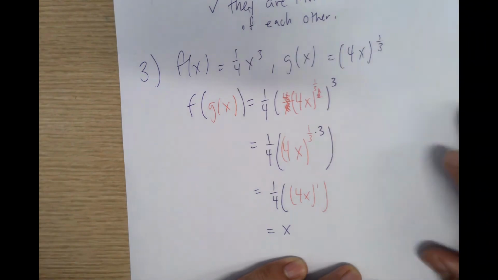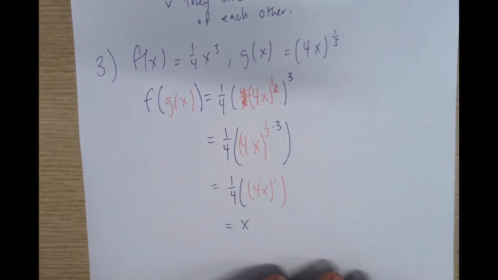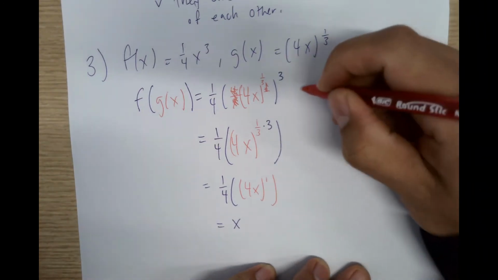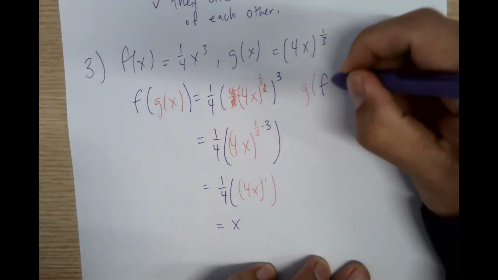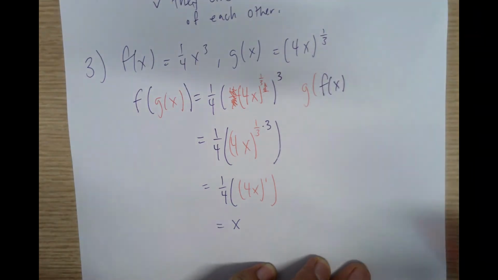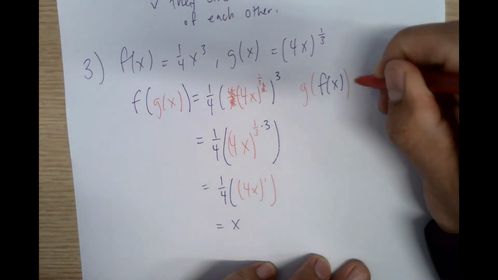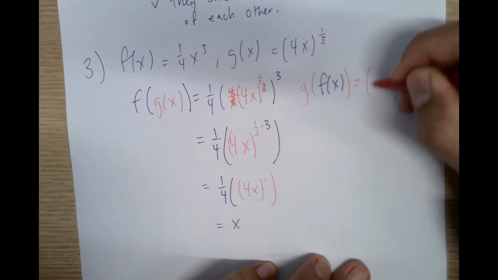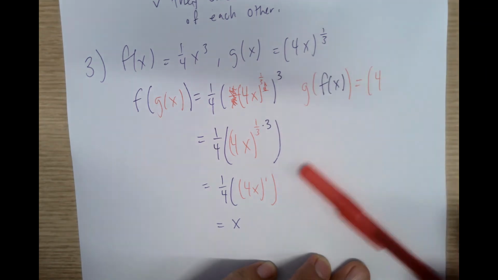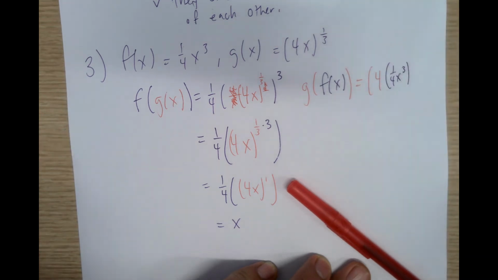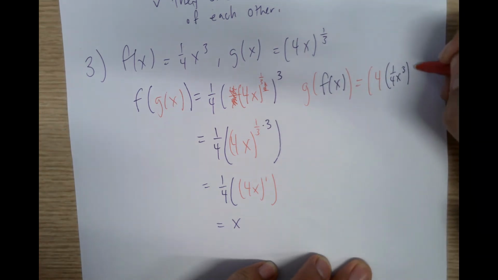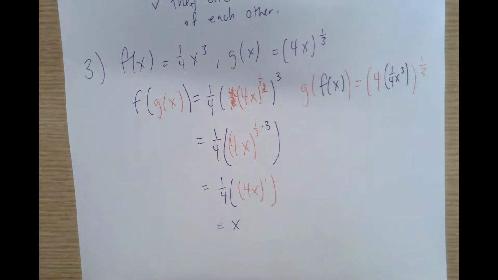Okay, so again, you would prove this, and then you would have to prove the other one. So g of f of x. So g would be parentheses 4, and then 1/4 x to the 3rd power, to the 1/3 power.